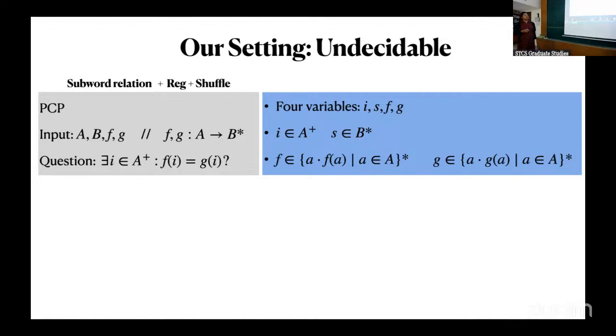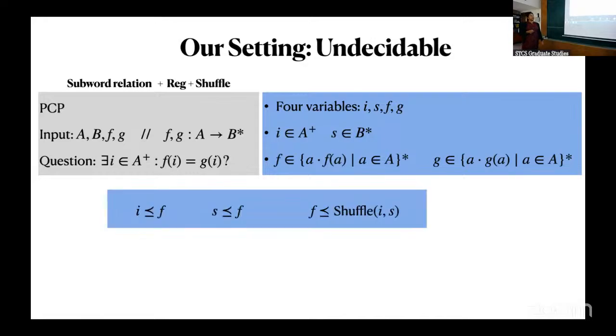Of course, I want this I to be a sequence of these indices, S to be the solution, so it should be coming from B star. And f will be like A followed by the f of A, and it will always be like that: any word in which you have an index letter and then followed by the word for that. And here the same thing with g.